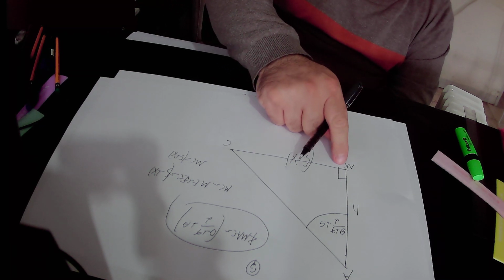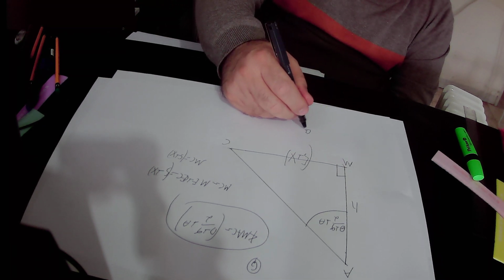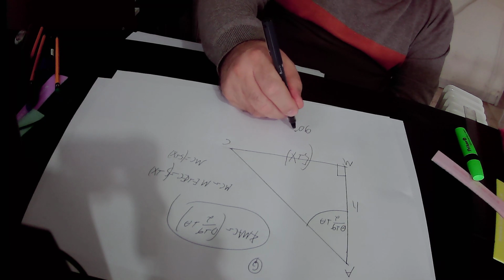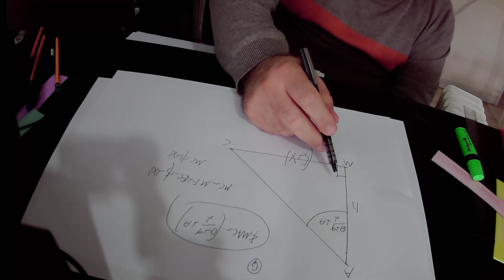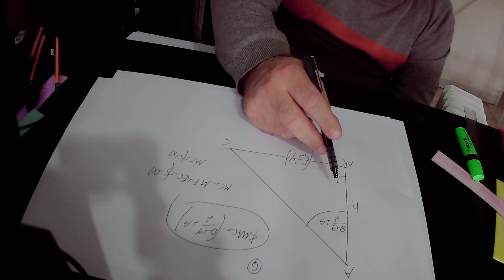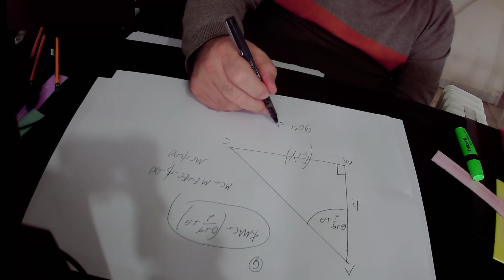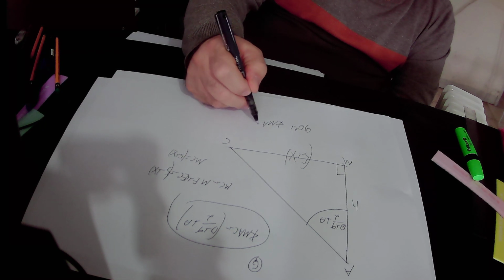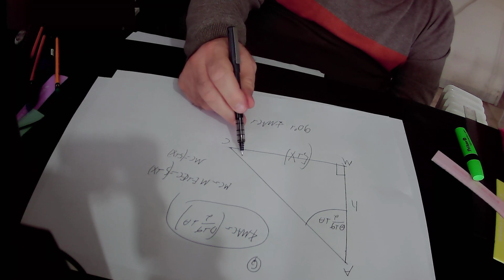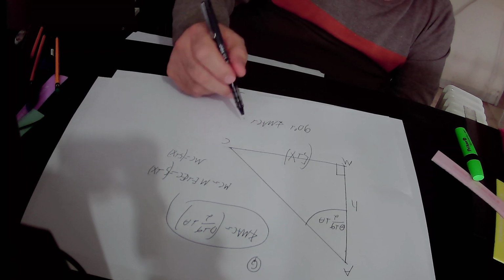That is to say, this right angle that equals 90 degrees, plus the size of this angle, angle MAC, plus the size of this angle, angle MCA.